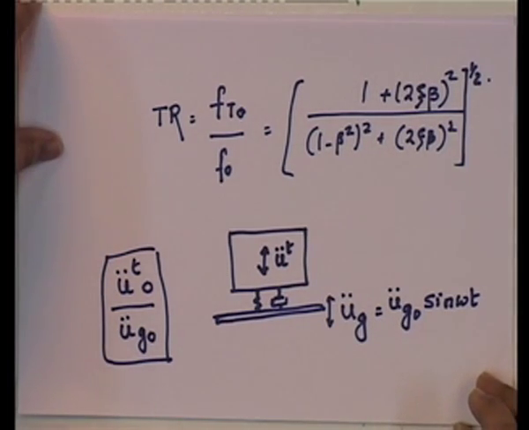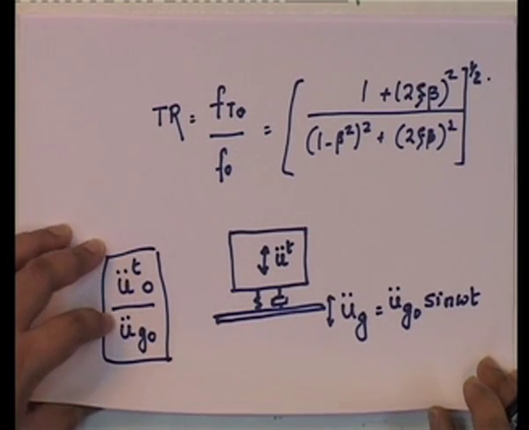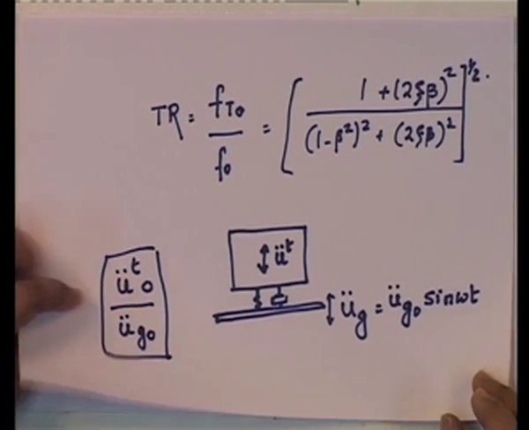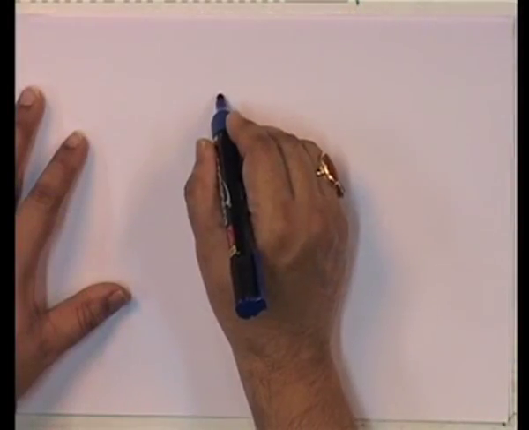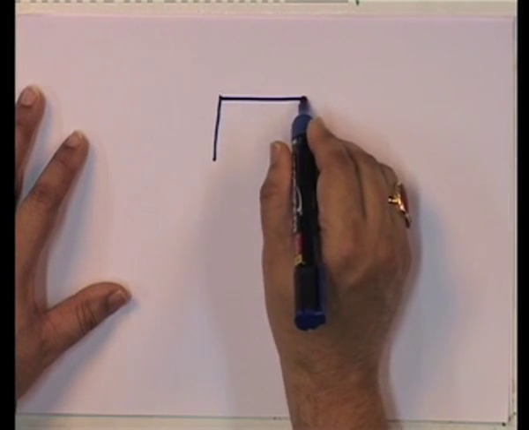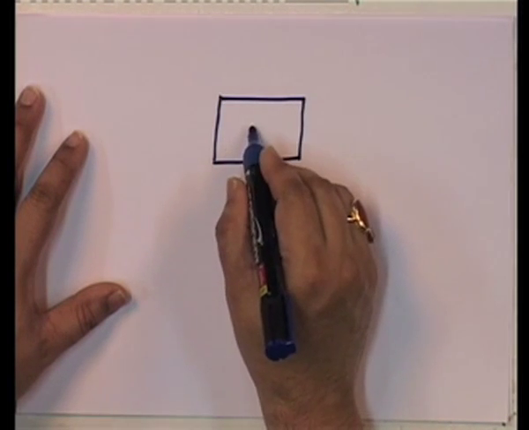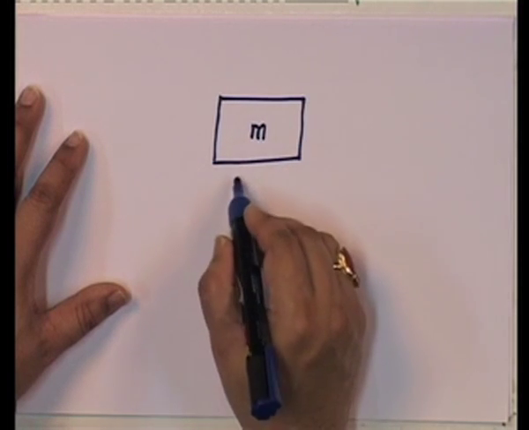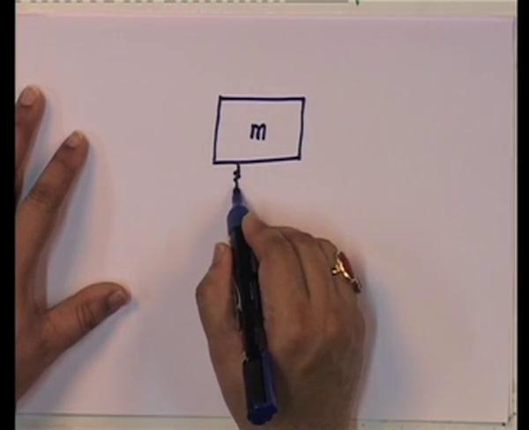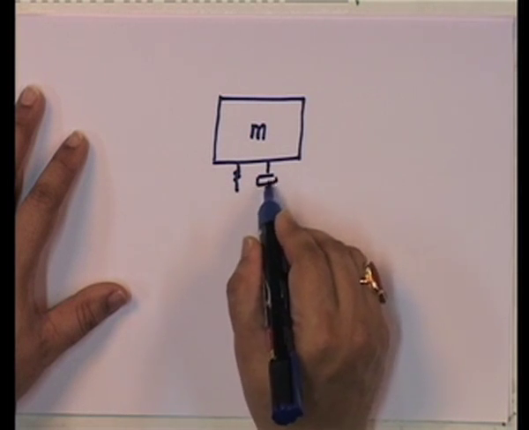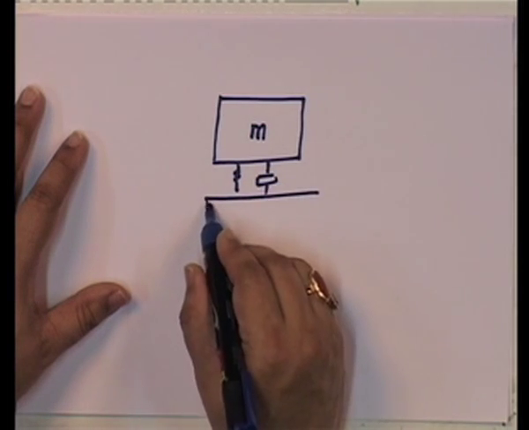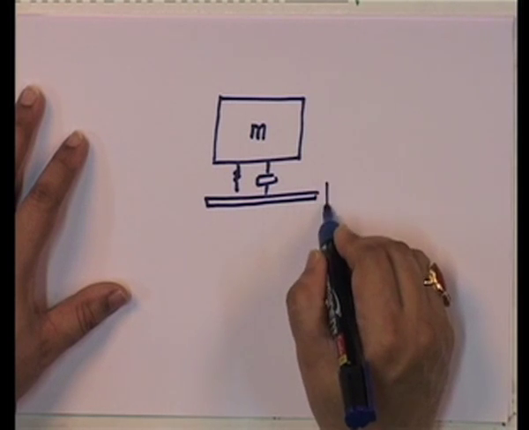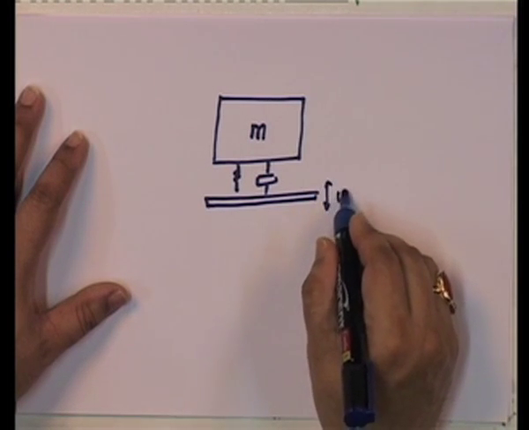Okay. So, let us see how to solve that particular problem, how to write down the equations of motion. And for this I will start off by looking at the acceleration transmission. So, we have a rigid mass, it is being subjected to base excitation.